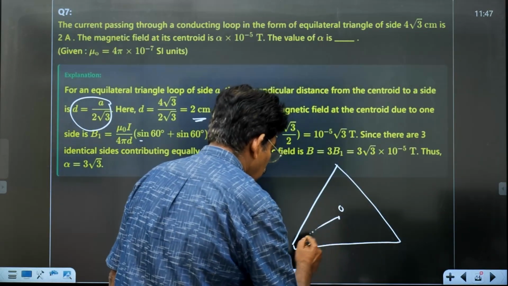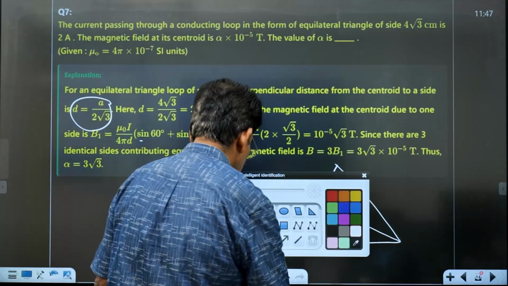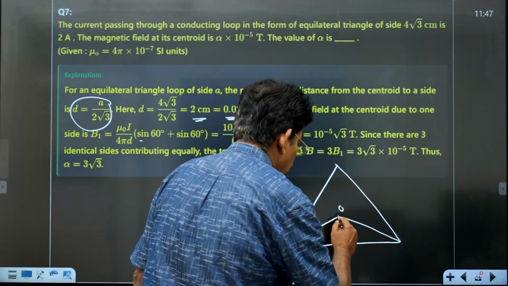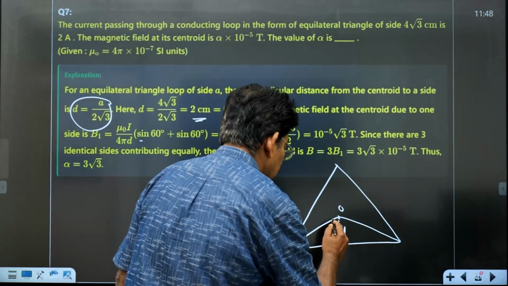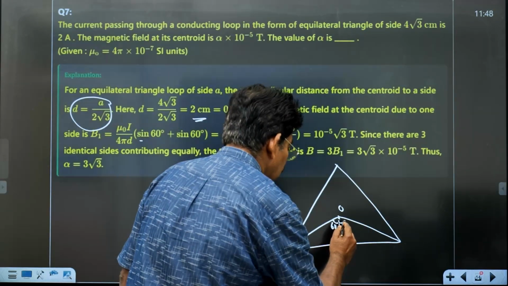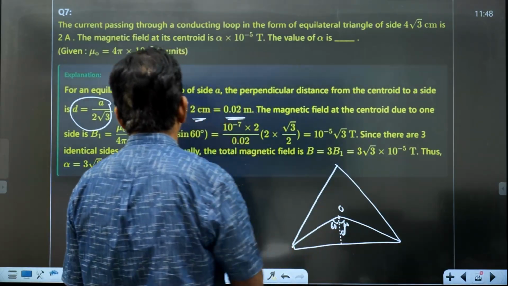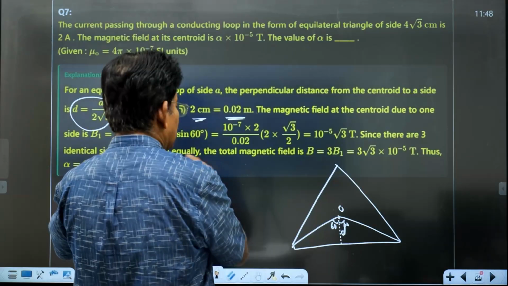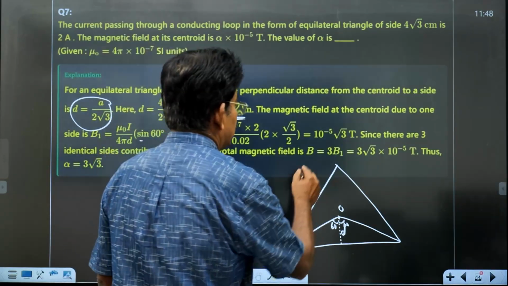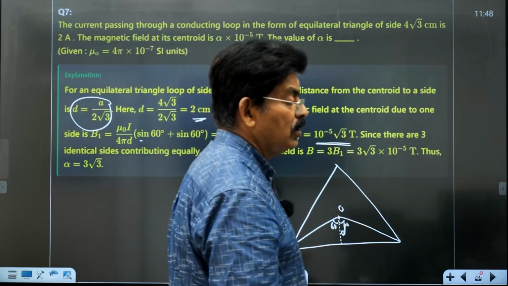This is the perpendicular distance d. This is 60 degree, this is 60 degree. And d worked out to be 0.02 meter. Then the formula is mu 0 I by 4 pi d into (sine 60 plus sine 60). This comes to be 10 to the power of minus 5 into root 3.